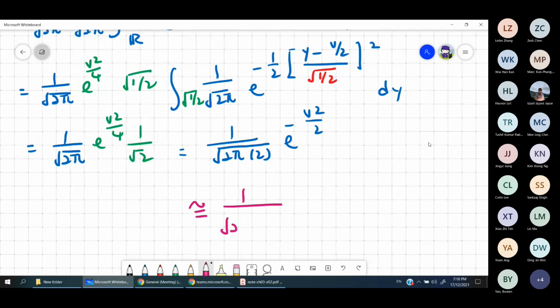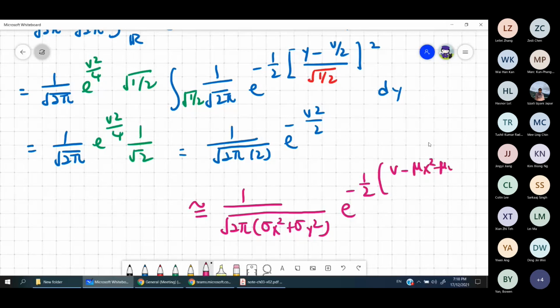That's why 1 over the square root of 2 pi (sigma x squared plus sigma y squared), and e to the minus half (v minus mu) squared over (sigma x squared plus sigma y squared), something like this. Okay, I think I put it in a proper way.